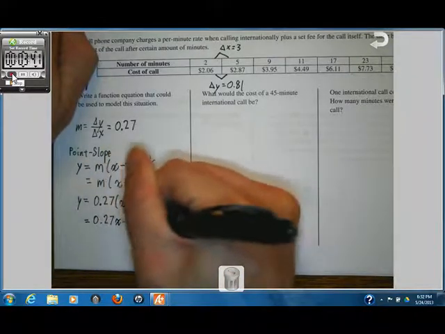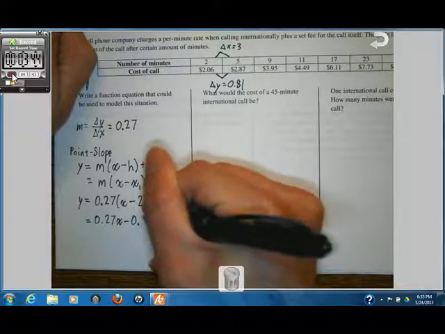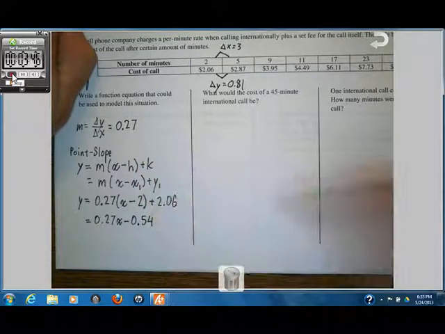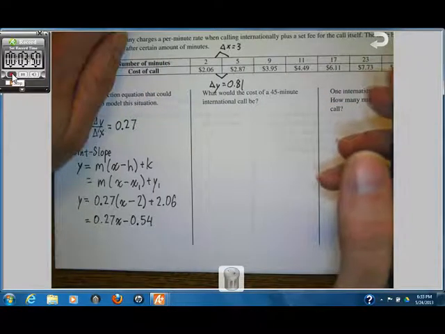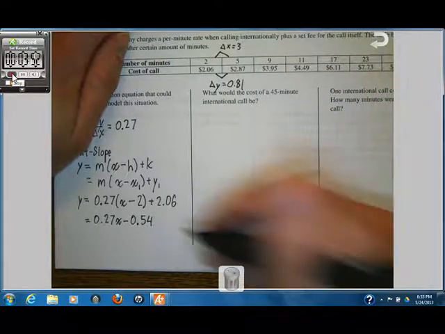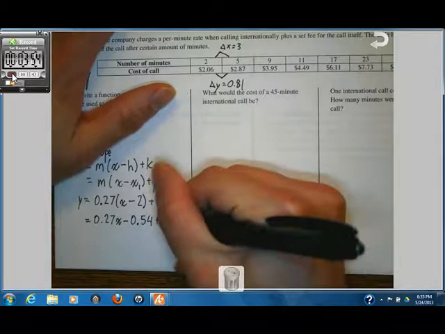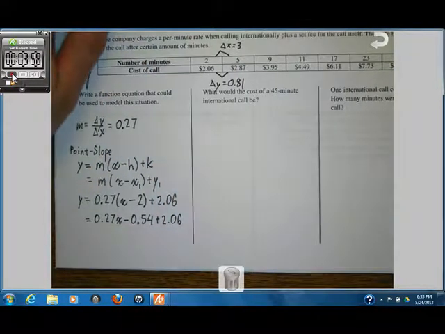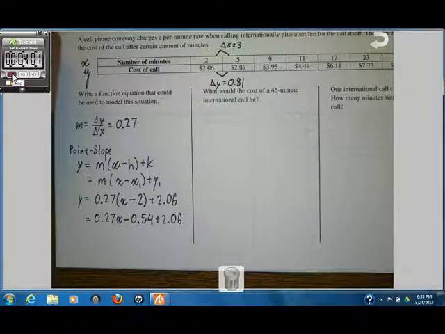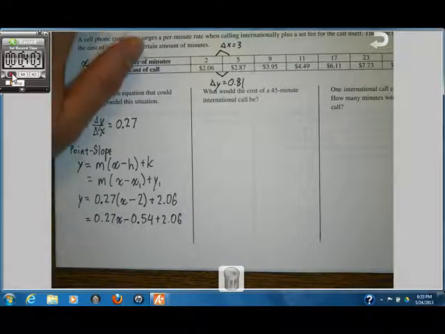If you don't believe me, use a calculator. When you do it on the test, if you don't believe yourself, use a calculator. Plus 2.06. So essentially we're asking ourselves, what's 206 minus 54? It should be 152.